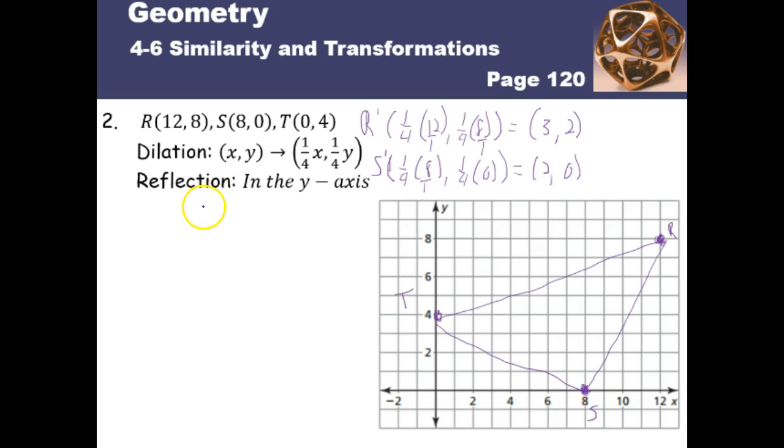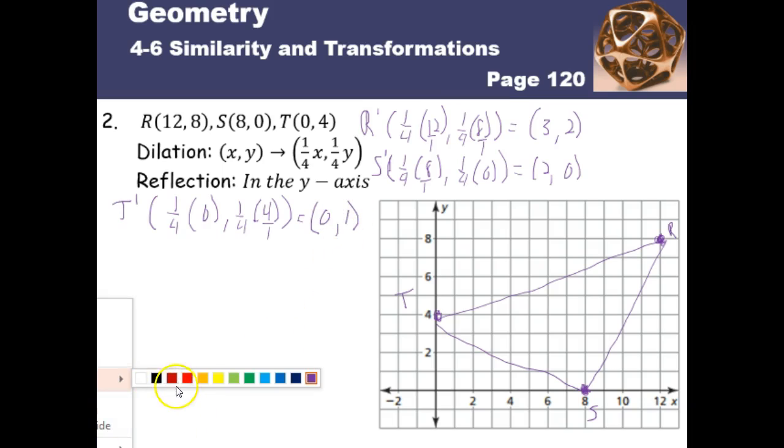And then T prime is going to be 1/4 of 0 and 1/4 of 4. And 1/4 of 0 is just 0, and 1/4 times 4 is 4 over 4, which is just 1. And let me get a new colored pen. So I've shrunk the triangle to 1/4 of its size.